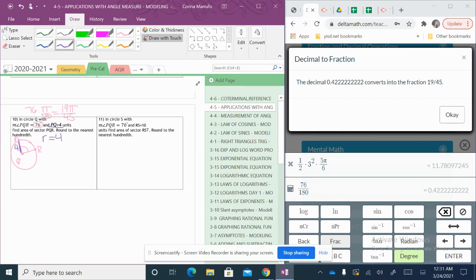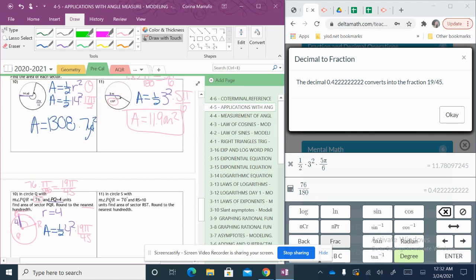Okay, so now that we have our angle theta, this is going to be area equals 1/2 the radius squared, so 4 squared, times our angle, which is 19 pi over 45. And then they do want us to round to the nearest hundredth, so we're going to round to 2 decimal places.